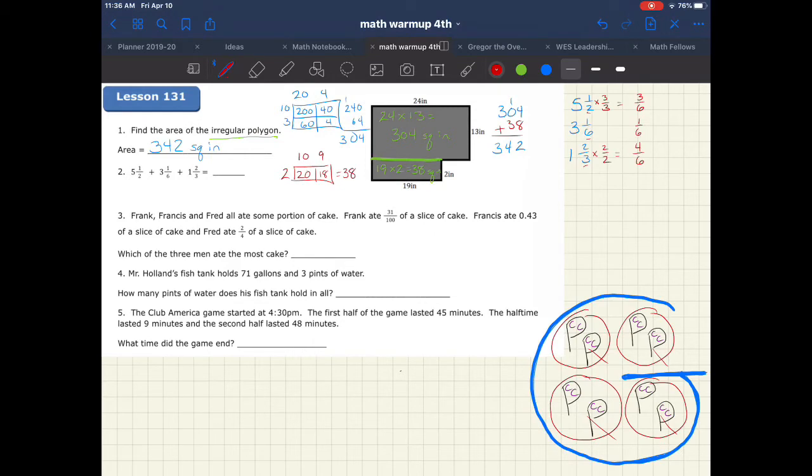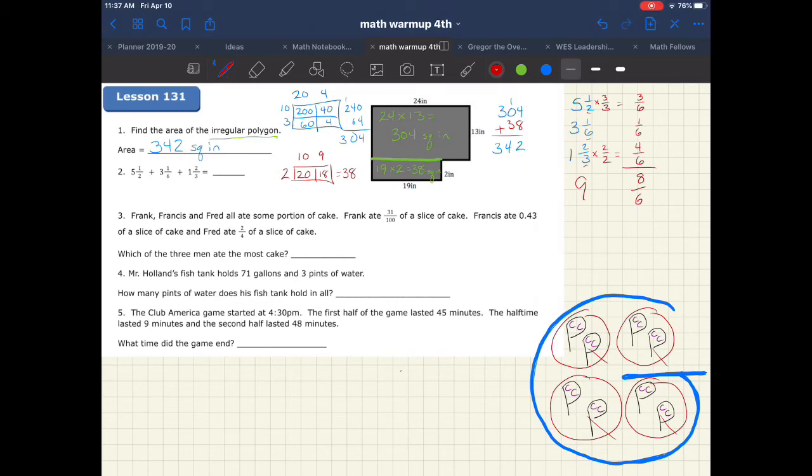It's got that 6. So altogether I have 3/6, 1/6, and 4/6, which is 8/6. So I've got 5, 6, 7, 8, 9. 9 8/6. The problem now, though, is I have an improper fraction because I have more in the numerator than we have in the denominator.